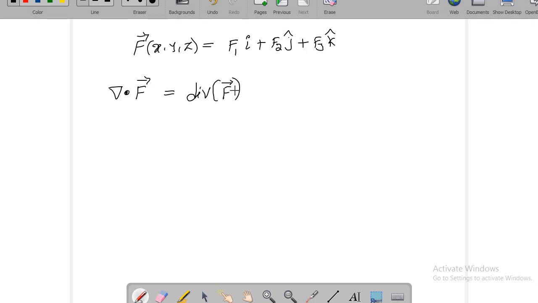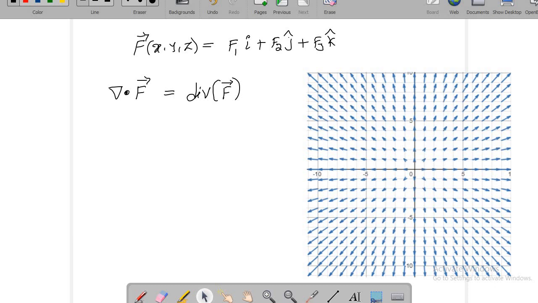Why? Because physically it has a significance. When you draw a circle in a vector field, this exactly denotes the amount of vectors which are going out of the circle. So here is the vector field. This is actually the vector field of F equal to xi plus yj. When you draw this vector field, this is how you can see the field.